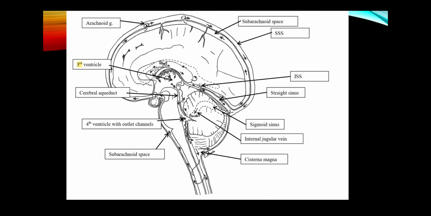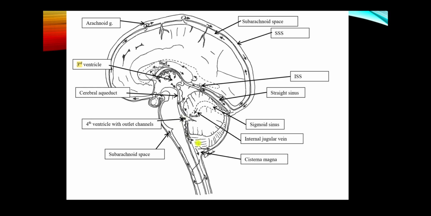Another nice student drawing here. Let's start with production of cerebrospinal fluid in the lateral ventricles, traveling through the interventricular foramen of Monro and into the third ventricle, down the cerebral aqueduct, into the fourth ventricle. Because we're just looking at one half of the brain here, you're only going to see one lateral foramen of Luschka right here, this outlet chamber.